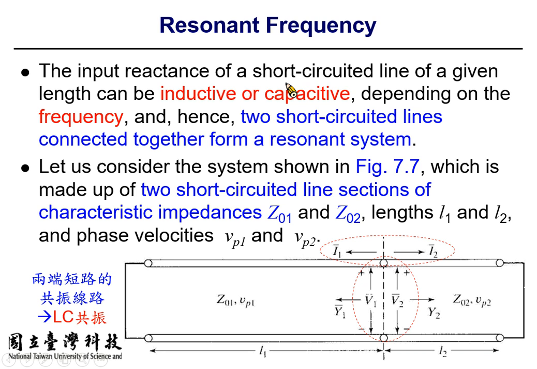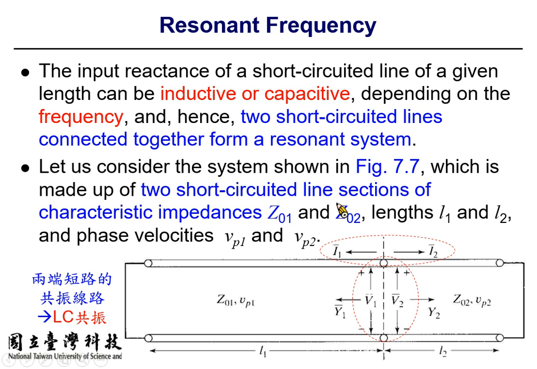the system as shown in the figure below, which is made up of two short circuit transmission line sections of characteristic impedance Z sub 01 and Z sub 02. So this is a more general case.